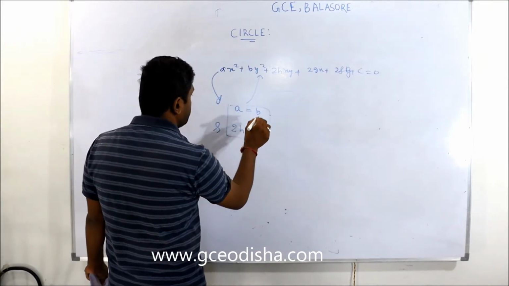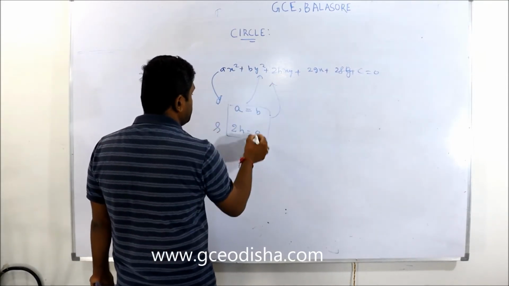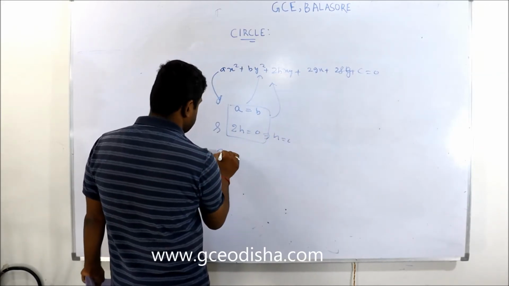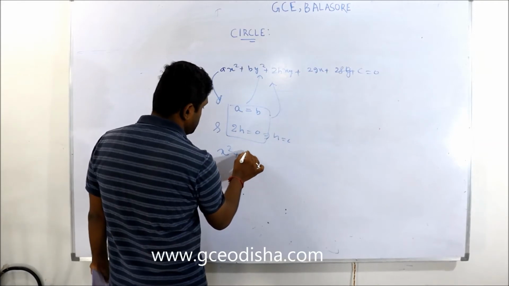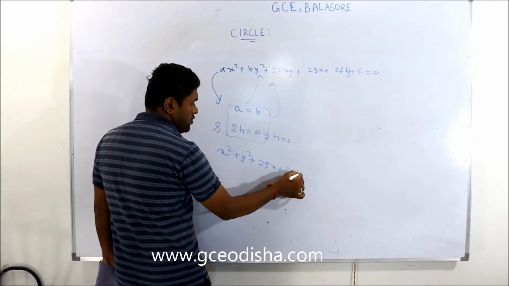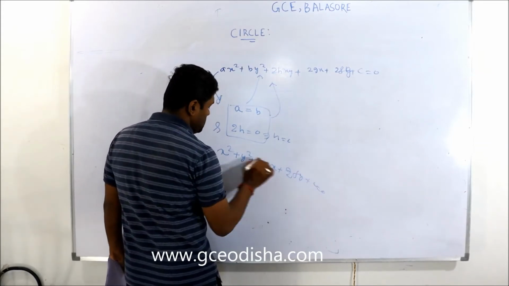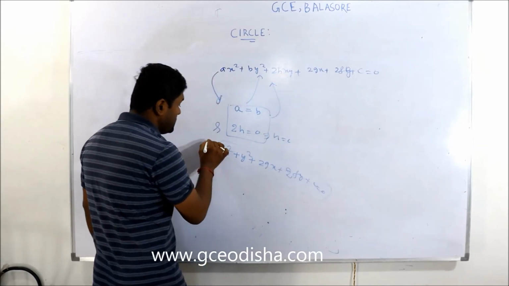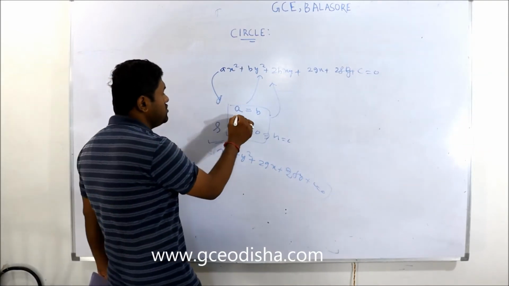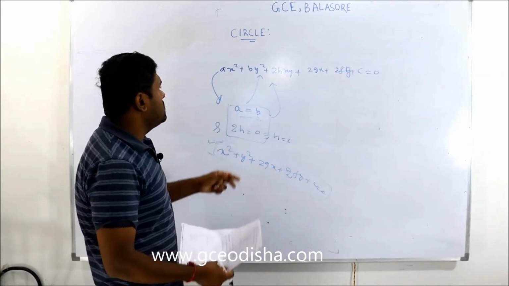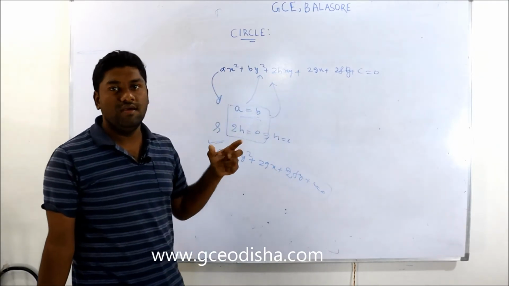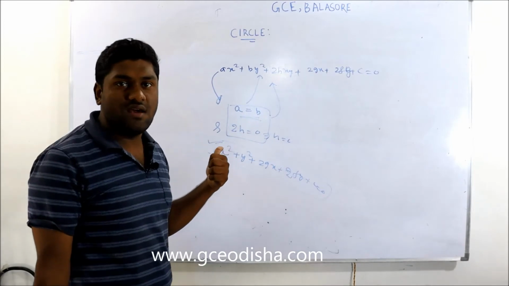Just put a is equal to b and h is equal to 0. Then the equation becomes x square plus y square plus 2gx plus 2fy plus c is equal to 0. Previously I told that this is the equation of the circle. Just put a is equal to b when they give the equation and ask whether this is the equation of a circle or not.